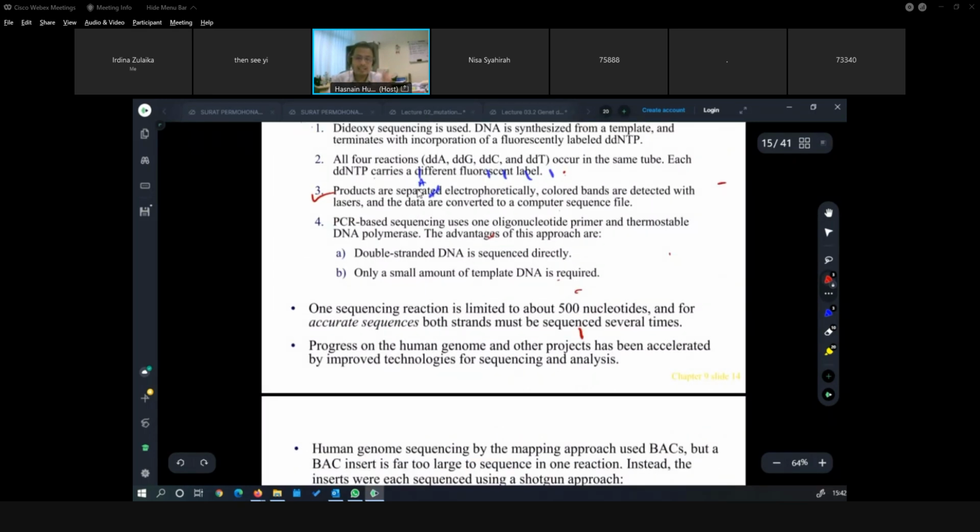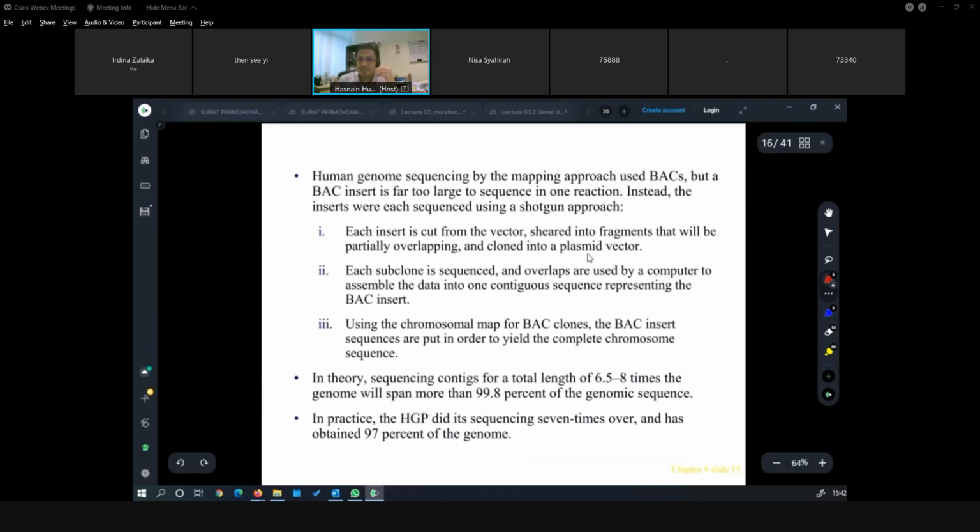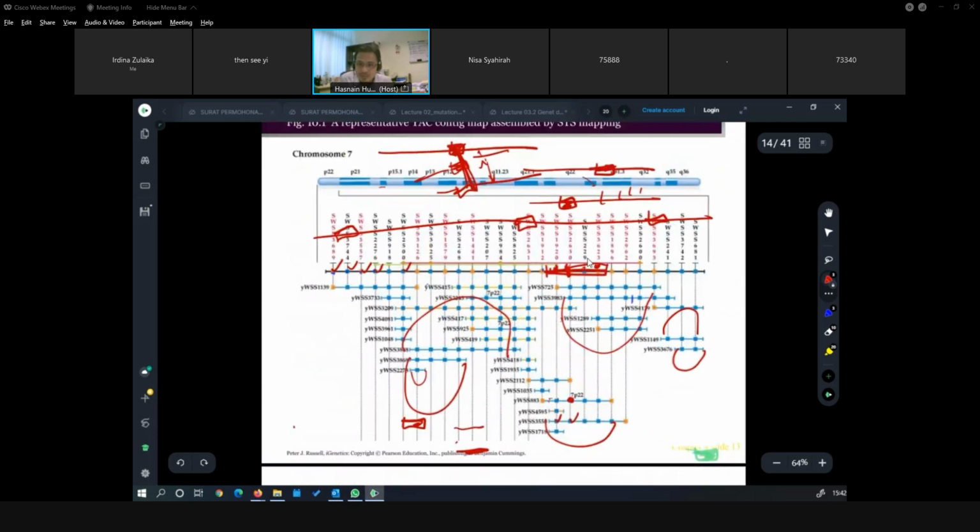At that time, the technology for doing it faster was quite expensive. The technology was improving, but it was still expensive. So what happened is that they wanted to make it faster. This one, from here until here, is quite long.